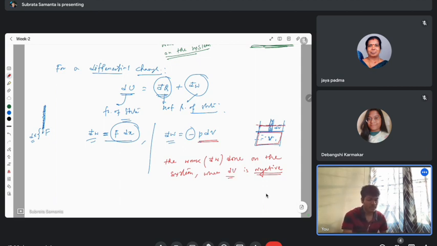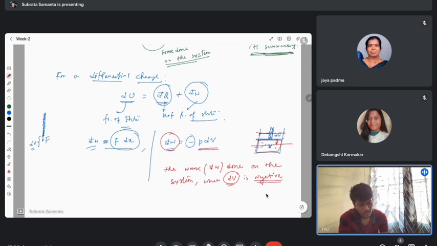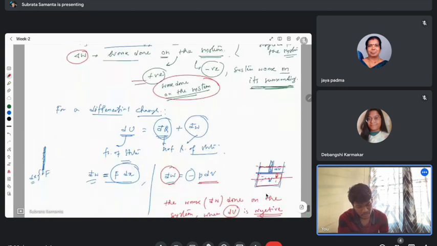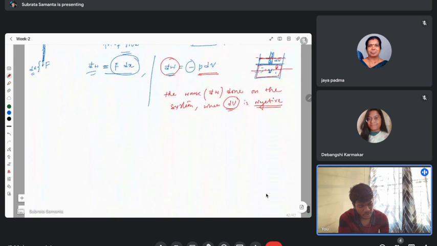When dV is negative, that means you are reaching a final lower volume, that means work is done on the system. So my convention is that when work is done on the system, dw is positive, which means dV is negative.